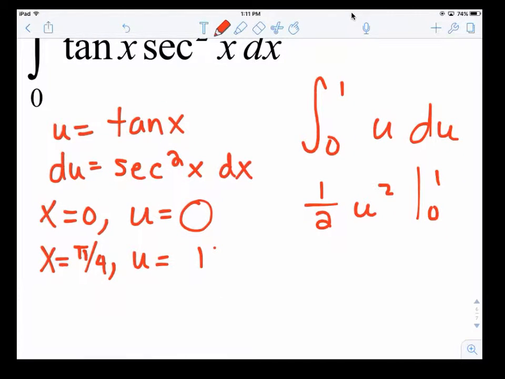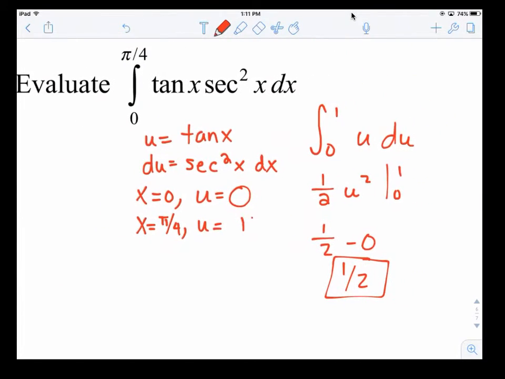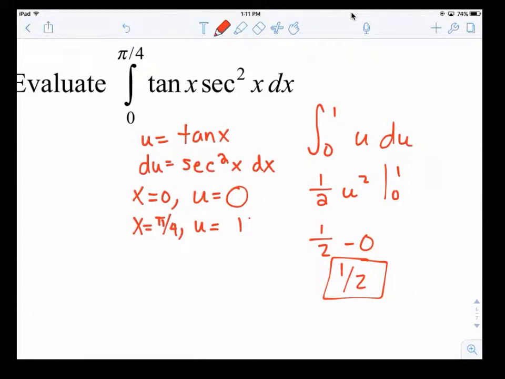So I would get 1/2 minus 0, which is just 1/2. Now, if you plugged tangent back in, keeping all the things the same, you would still get the same answer. But that's a lot easier if you just leave it in terms of u instead of plugging it back in for terms of x.